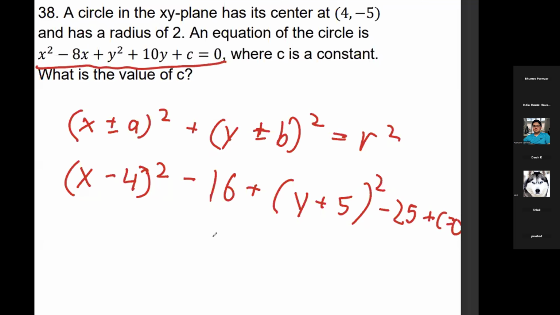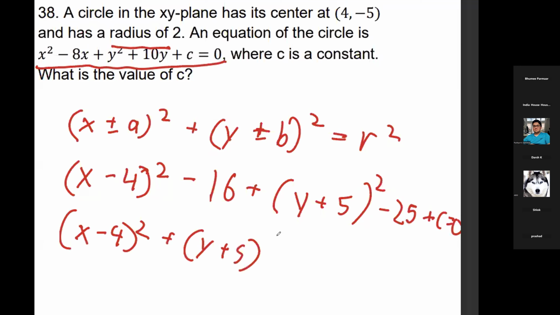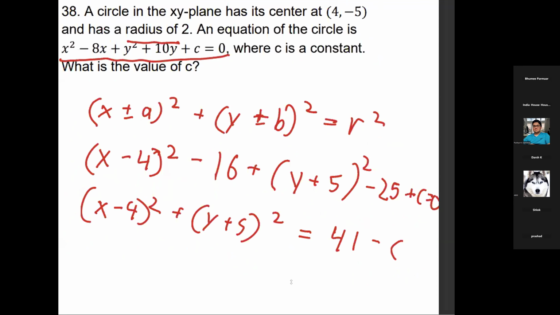And now we know that it has a radius of 2, so first let's convert this into this upper equation, which would just be x minus 4 squared, plus y plus 5 squared, equals 25 plus 16, which is 41 minus, we still have c.